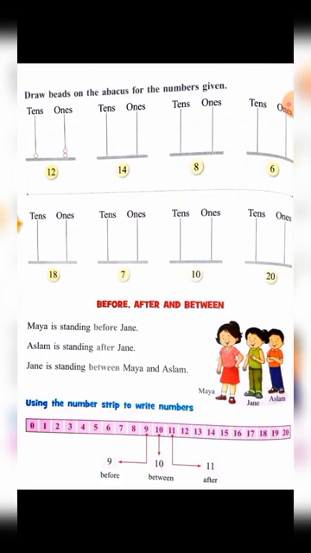So this 10 is the between number. So 9 is the before number, 11 is the after number, 10 is the between number. In between the numbers 9 and 11 we should write 10.